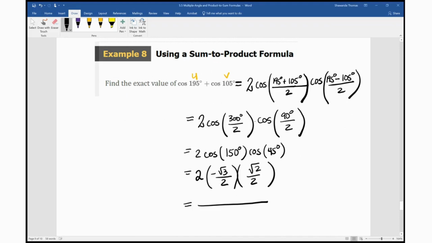Oh, yeah. If it makes you feel better, just put a 1 under the 2. So one of the 2's in the numerator cancels with one of the 2's in the denominator. What's left over is negative square root of 3 times the square root of 2. What is that?